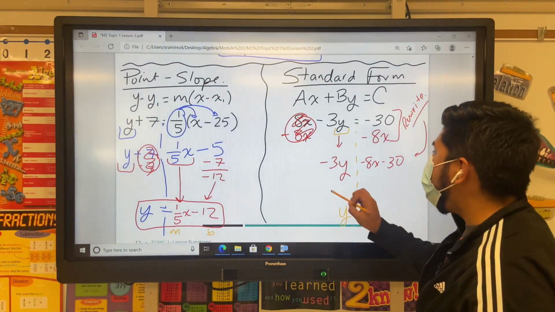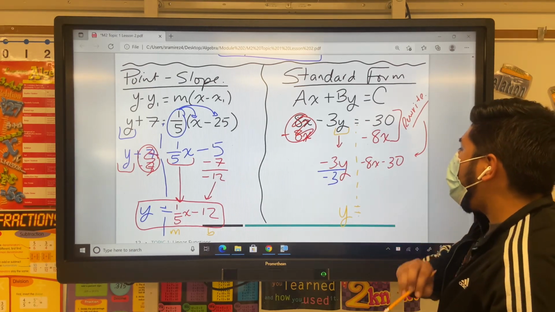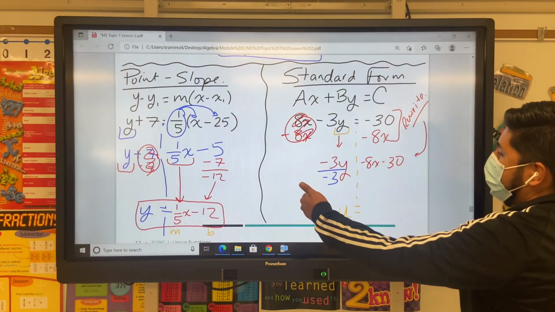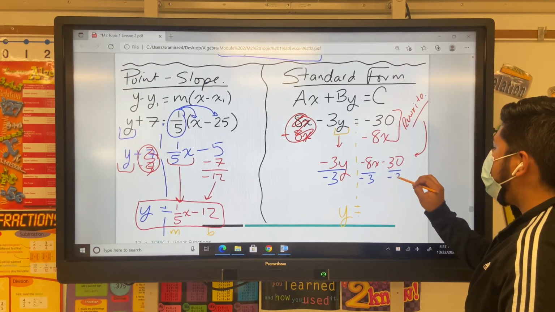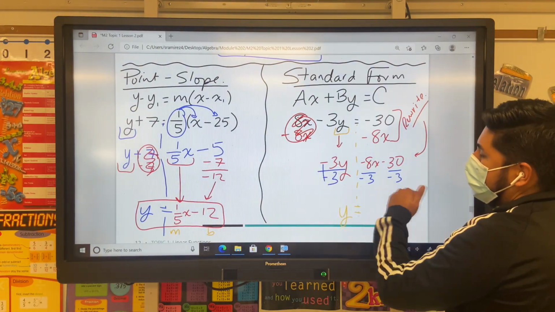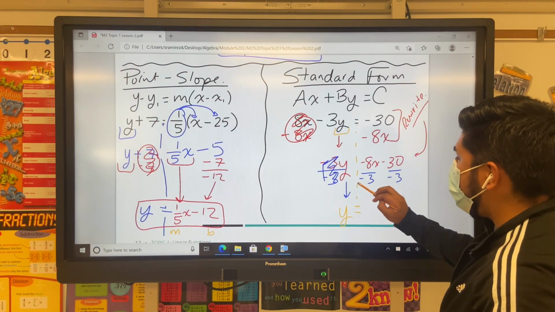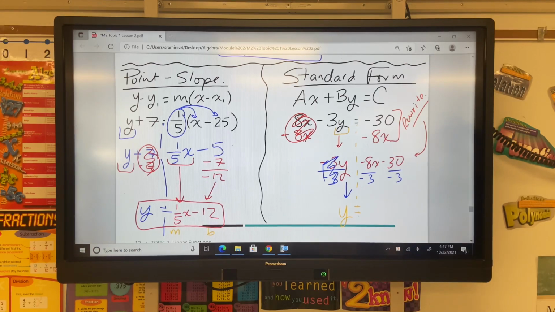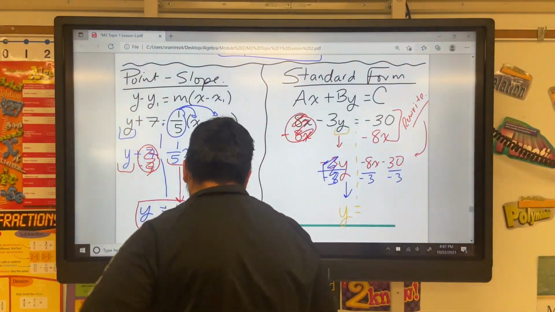How do I get rid of a married couple? Divorce them. Since I did divide by 3 over here, I need to do it over here. Negative 3, negative 3. I must include the negative in order to cancel it out. This cancels out. There's my y equals. I love it. Got to put this in the calculator just to verify.